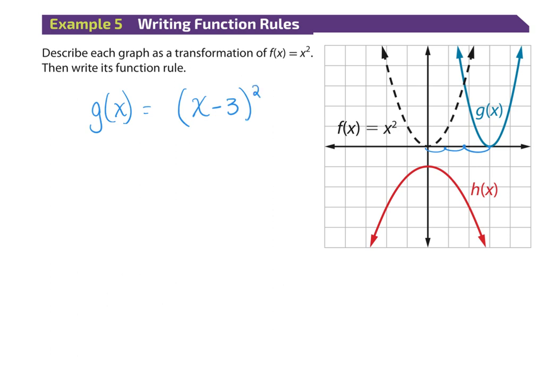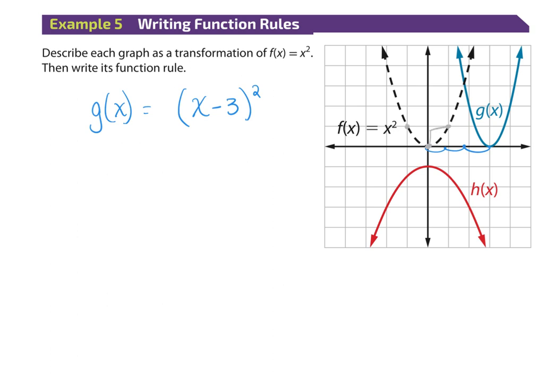Now, it's also pretty obvious that he got skinnier, right? So we know that he stretched. And because he got skinnier and not fatter, he actually stretched by a whole number. And we know it's positive because he didn't flip upside down, right? So we know there's a positive number in front of this particular graph. Now, the way we know exactly what number it is, my slope, so to speak: if I go from 0, 0 to my first crosshairs, it's a 1, right?